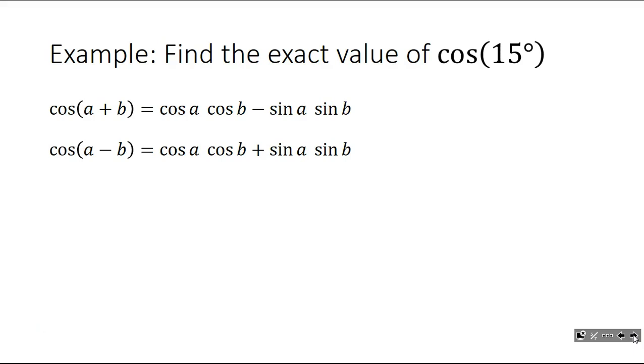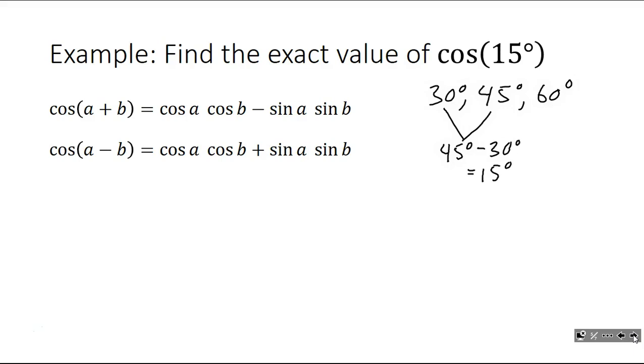Well, 15 degrees is not one of those standard angles within our unit circle, so let's list a few of the standard angles. Starting out in quadrant 1, we have 30 degrees, we have 45, we have 60, but you hopefully have already noticed that I could subtract these 2 angles in order to get 15 degrees. 45 degrees minus 30 degrees will equal the desired 15 degrees.